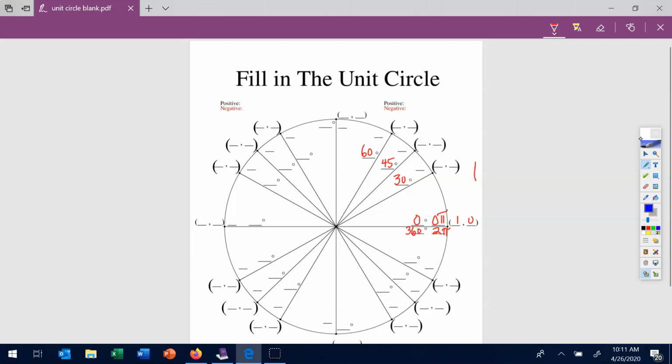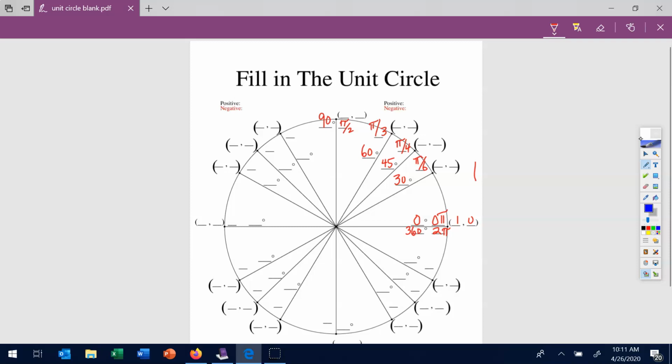This is the 30 degree, this is the 45, this is the 60 degree. Obviously, when we get up to here, this is 90 degrees. All right, so remember what these are in radians. 30 degrees is pi over 6, 45 is pi over 4, 60 is pi over 3, and 90 is pi over 2. And now let's talk about the ordered pairs.